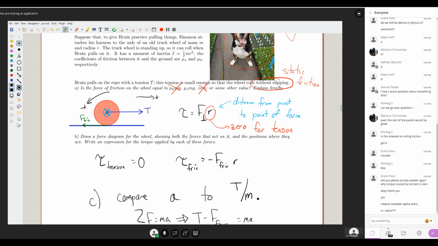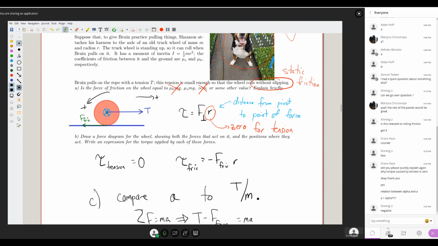So are we moving in the positive or negative direction? We're turning in the negative direction, Lisa.